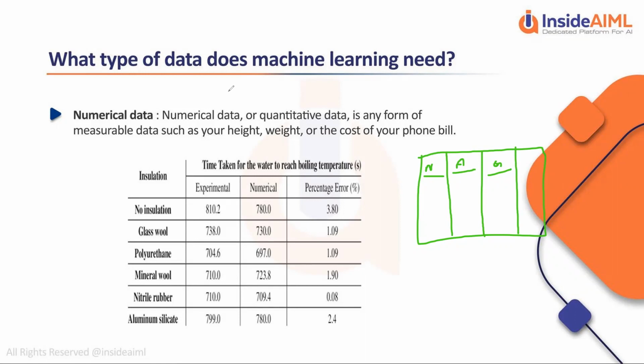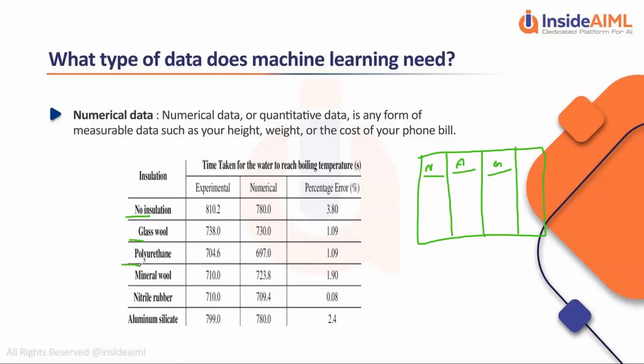Now, when it comes to machine learning, the models are nothing but mathematical models. They are just mathematical formulas running behind these machine learning algorithms. And I can only do mathematics on numbers. I cannot do mathematics on this textual data.